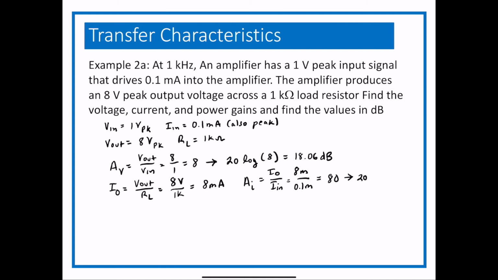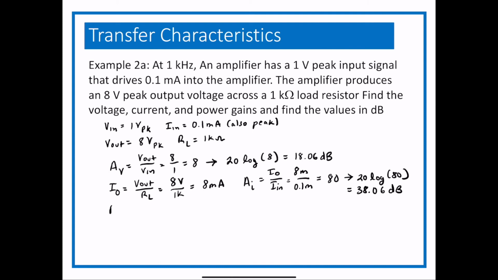And if we want to find the dB value, we take 20 log of 80, and we get 38.06 dB. So you notice that the voltage and current gain are very different. Even though it's one circuit and one amplifier, it has a very different way of processing the voltage and current.